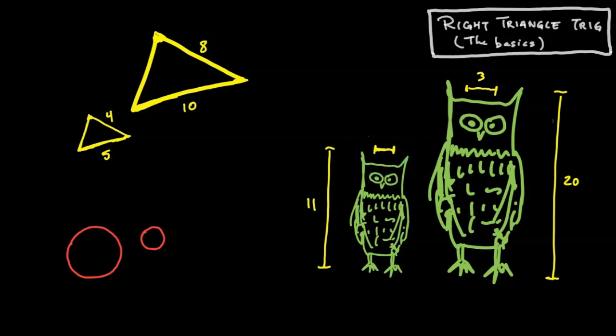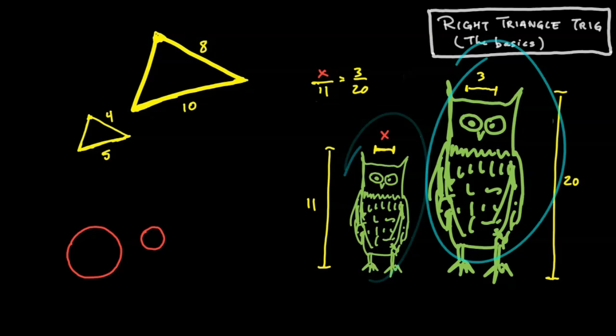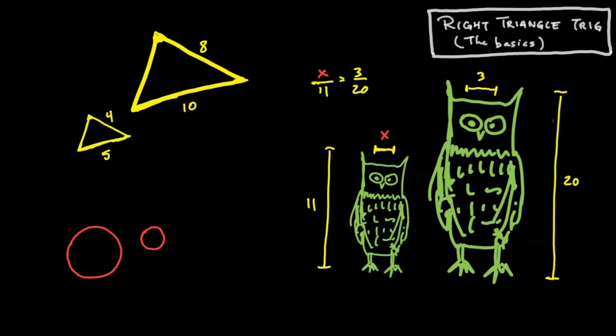Well, we could determine that by giving it a name like x, and then setting up a proportion. We know that x is to 11 as 3 is to 20. This proportion holds thanks to the similarity of the owls, and if we solve for x here, we get that x is 33/20, or if you prefer, 1.65.